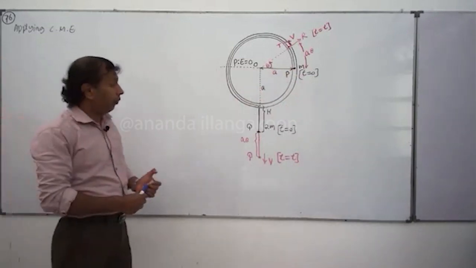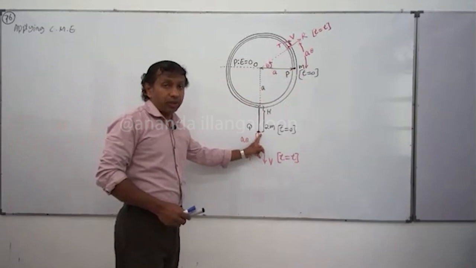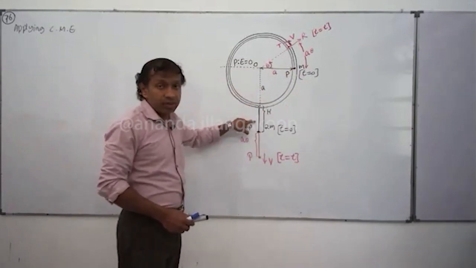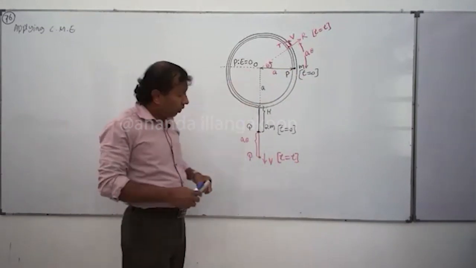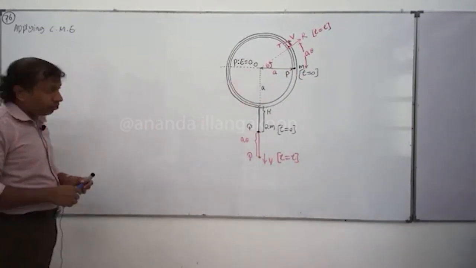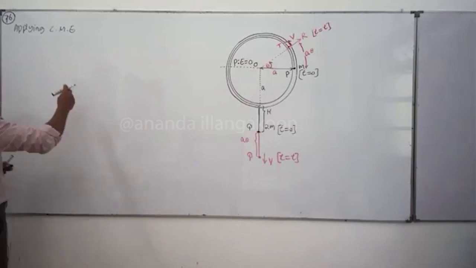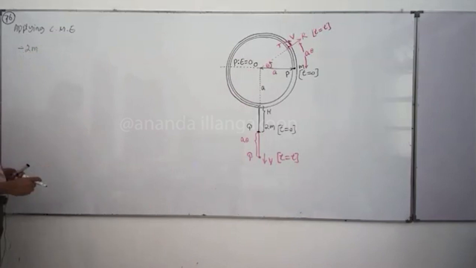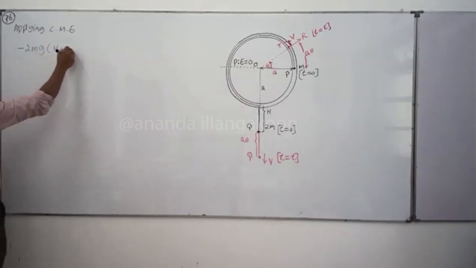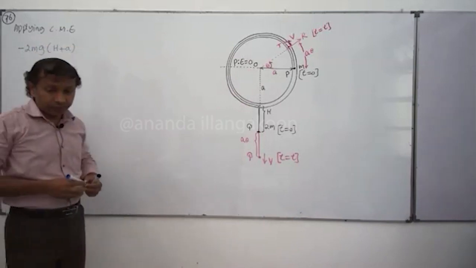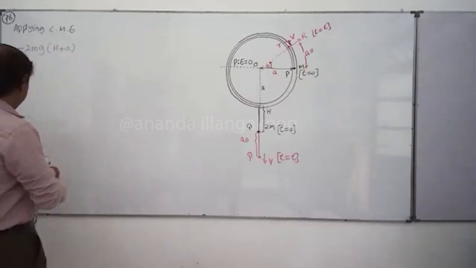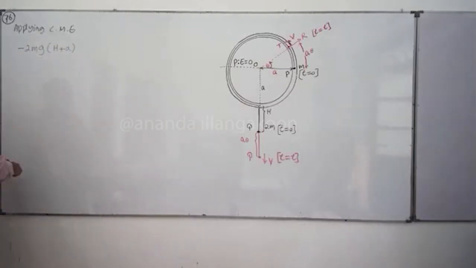Q is at rest, so no kinetic energy, but it has potential energy. H plus a is the depth from the zero level of P. So the potential energy of Q is minus 2mg(H plus a).